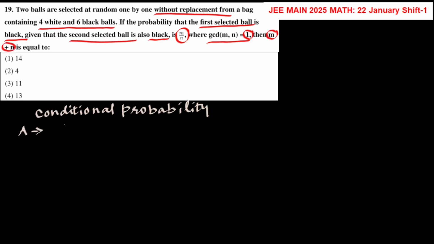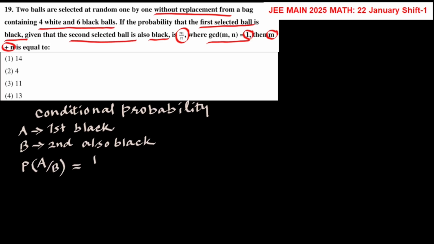Let A be the event that the first ball is black, and B be the event that the second ball is also black. So the conditional probability is the probability of A when B has occurred, which is the probability of A intersection B upon the probability of B. The probability of A intersection B is 6 balls out of 10 into, since without replacement, 5 balls out of 9.